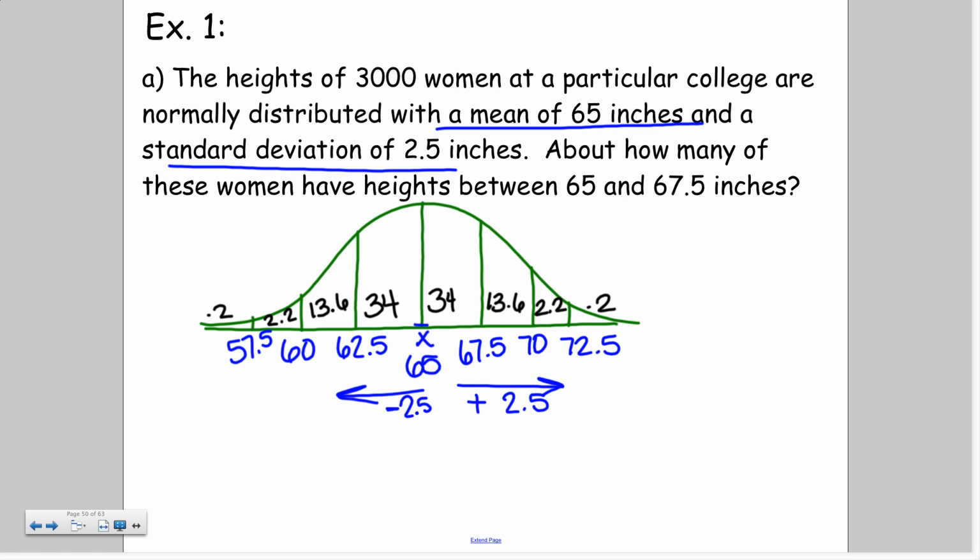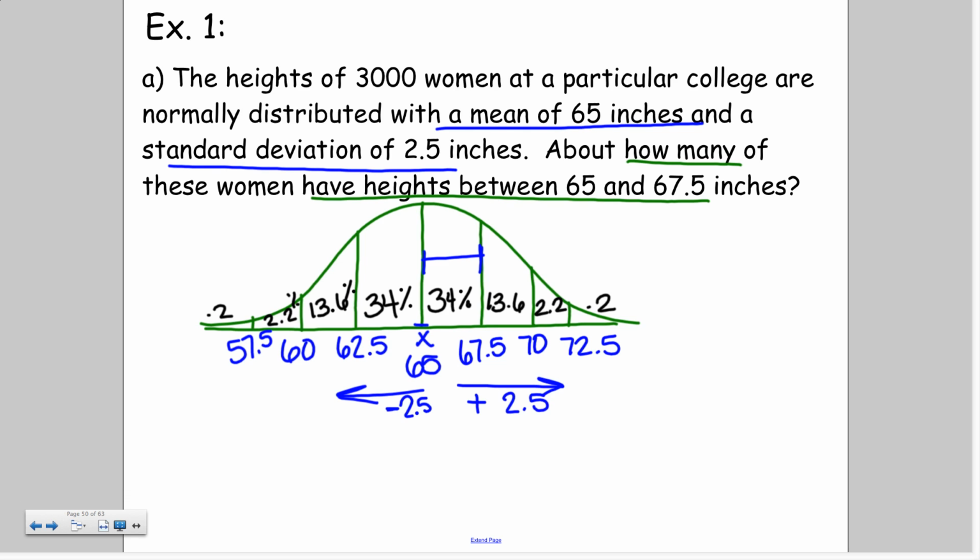Now our question says, how many have heights between 65 and 67.5? If I look at my chart, where is 65 and 67.5? Right here. All right, so I know that 34%, and I should have put my percentage signs here, sorry, that is a percent.